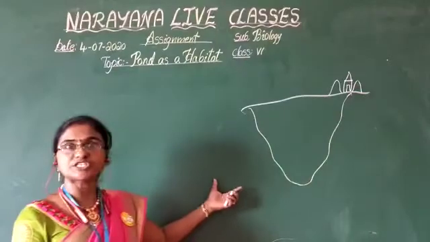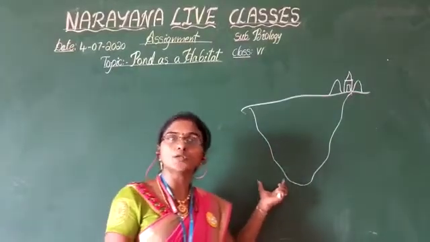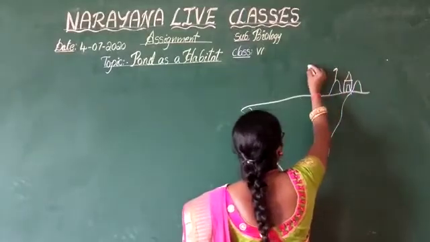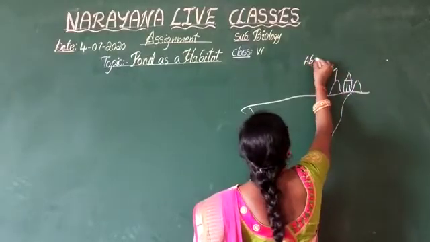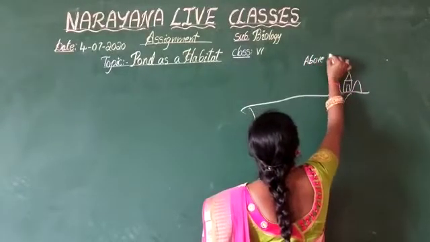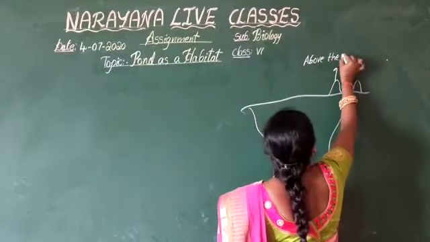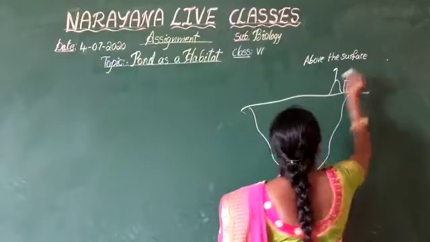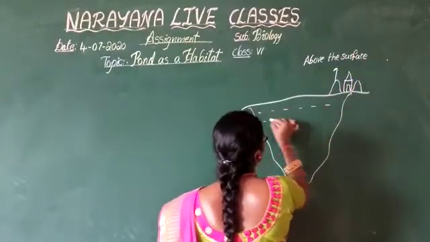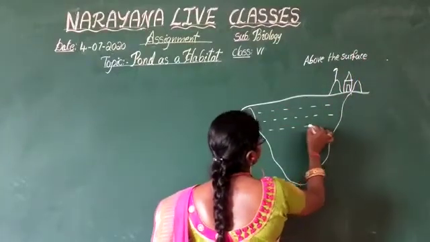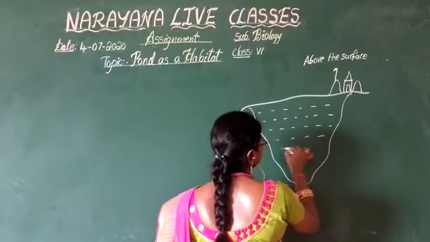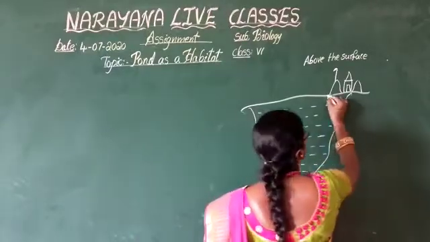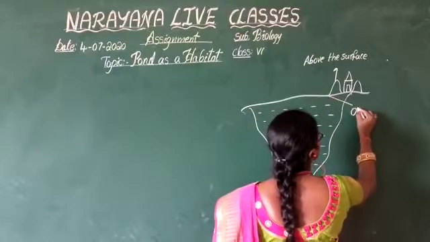In different regions of the pond we can see the organisms. So this is above the surface, and this is on the surface.